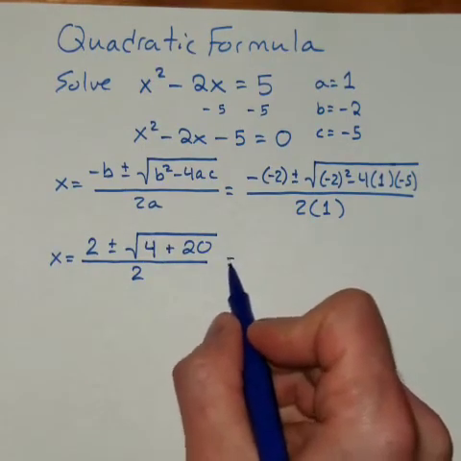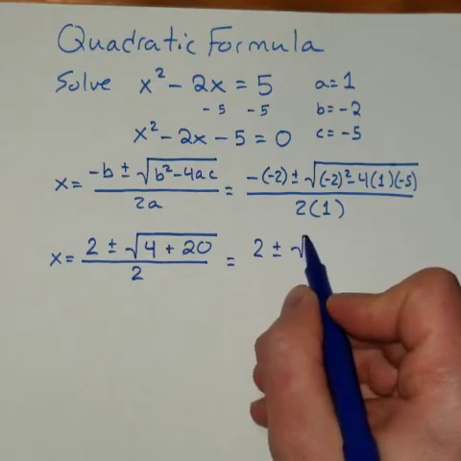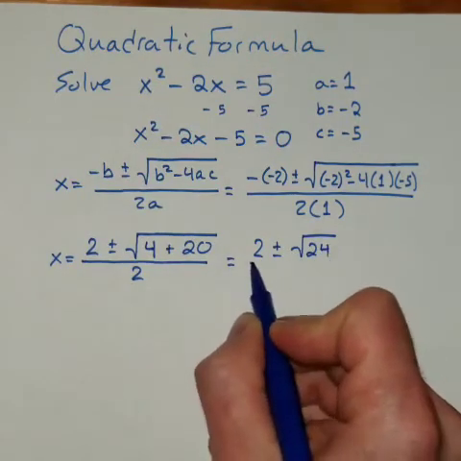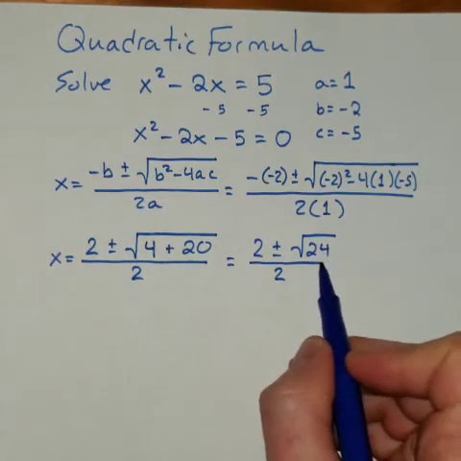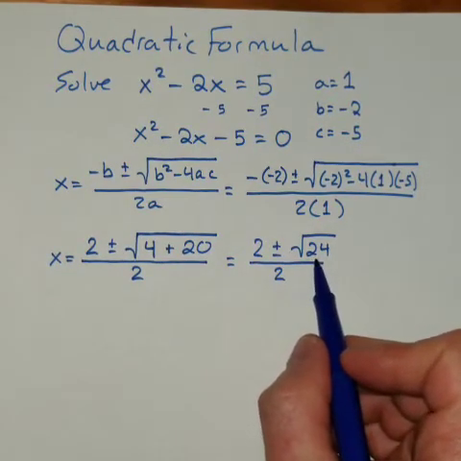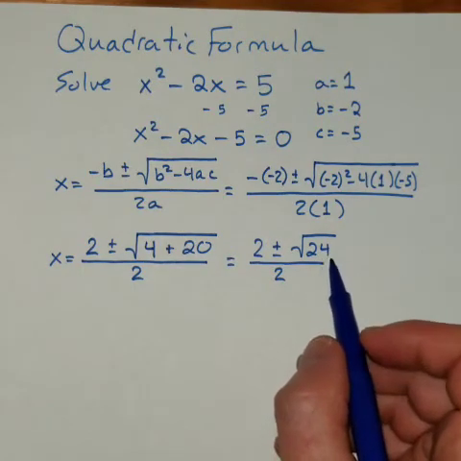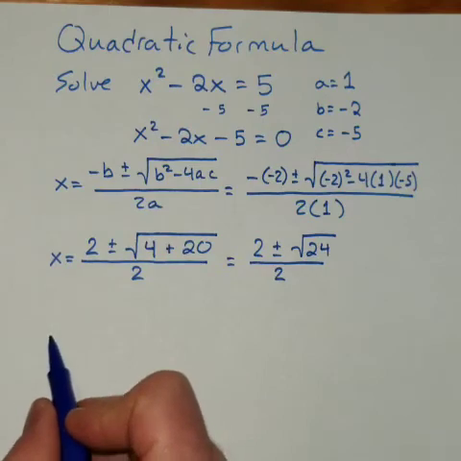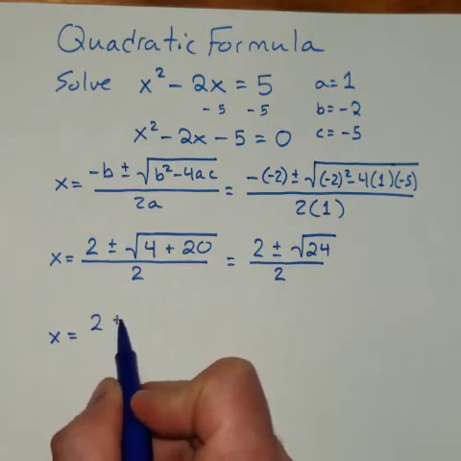All right, going on and simplifying, I get a 24 under the root. Now, the bad thing is this 24 is not a perfect square, but it does have a perfect square factor, so it can be simplified. Okay, and so we're going to simplify roots whenever possible. So this becomes 2 plus or minus.